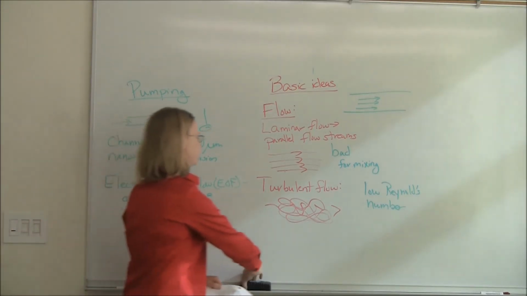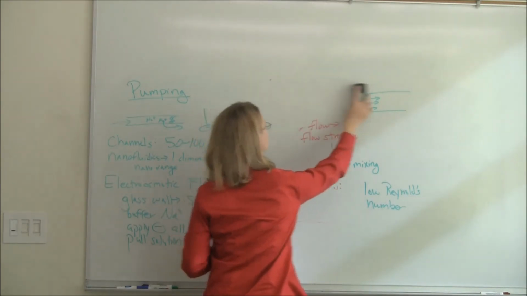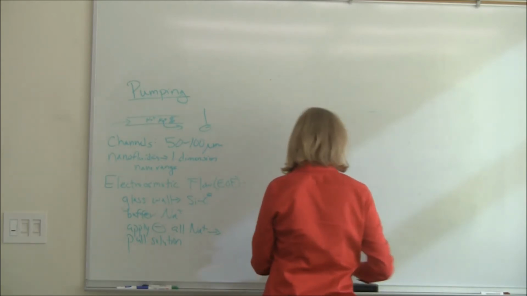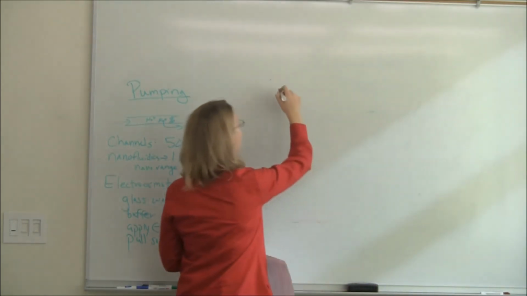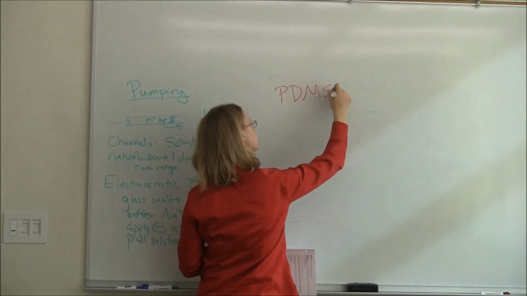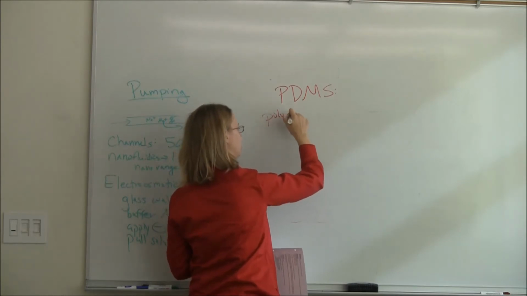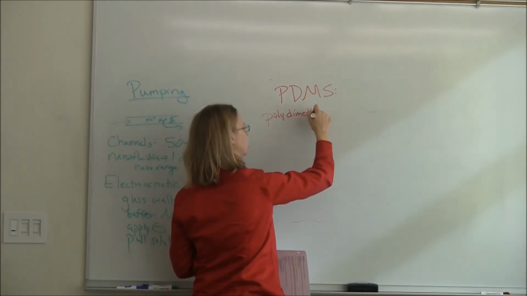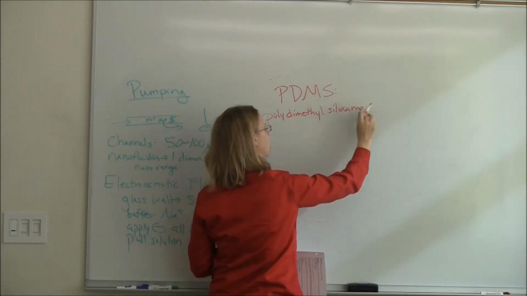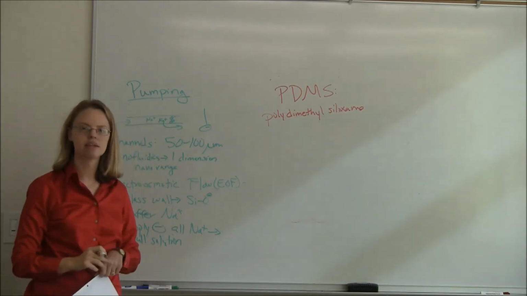Let's talk about materials for a minute. So, you can make chips out of glass, or you can make them out of a polymer called PDMS, polydimethylsiloxane. And it's a polymer, and in the lab we use PDMS.